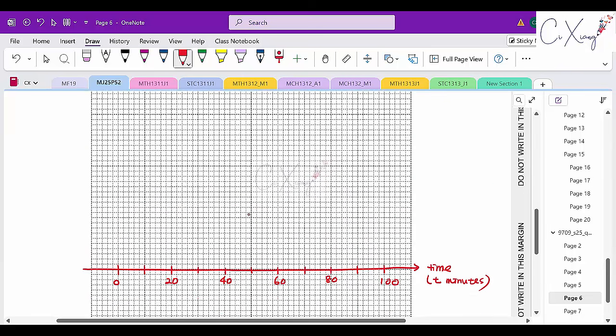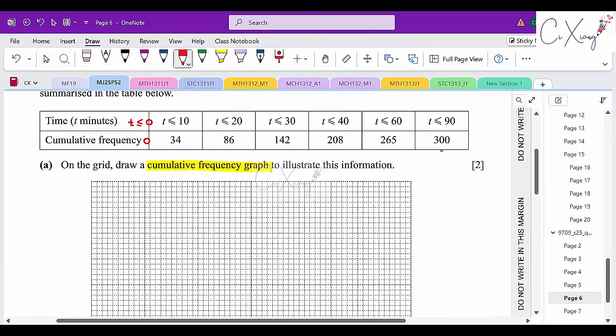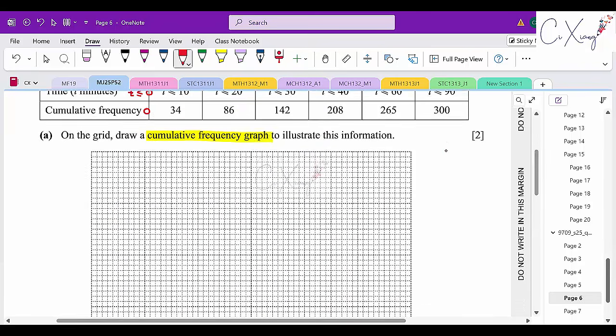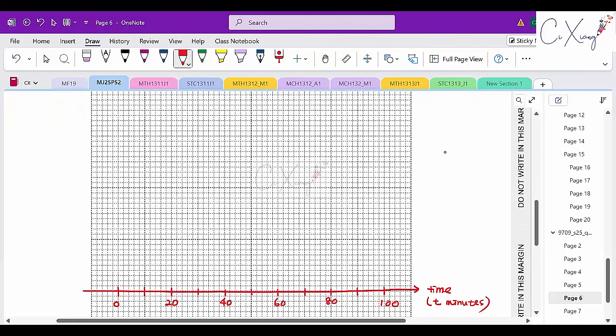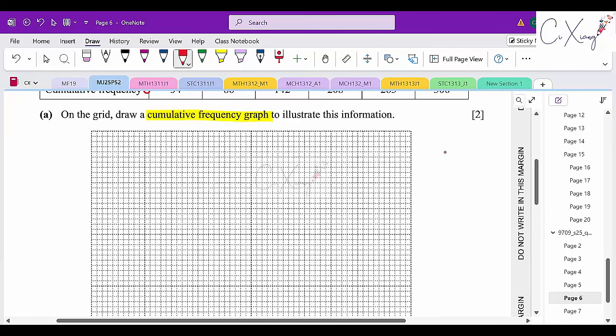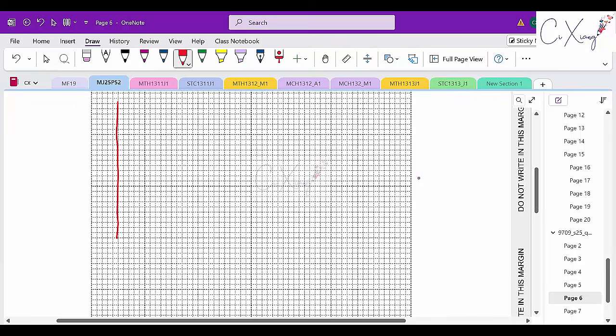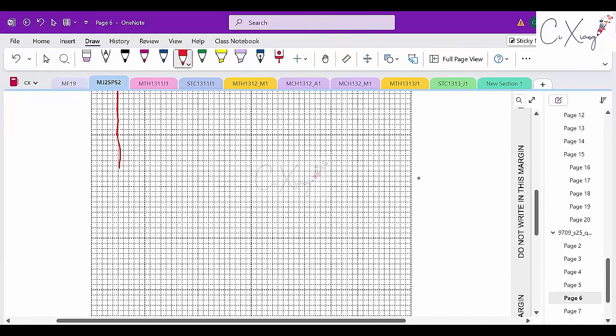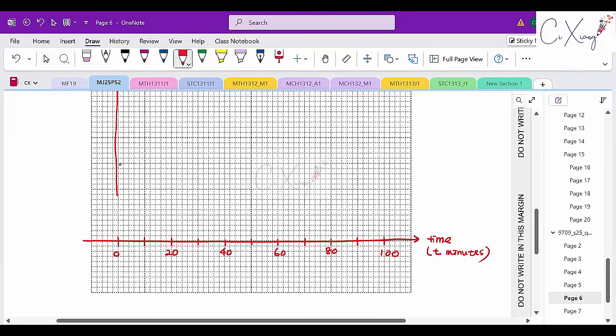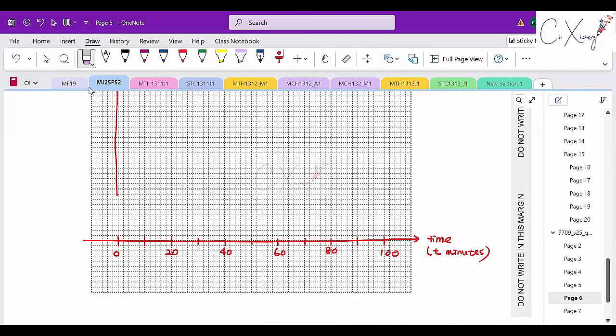Okay, then what about our vertical axis? The vertical axis will be the cumulative frequency, starting from 0 to 300. Let me draw a line first. Okay, so assume that this is a straight line.